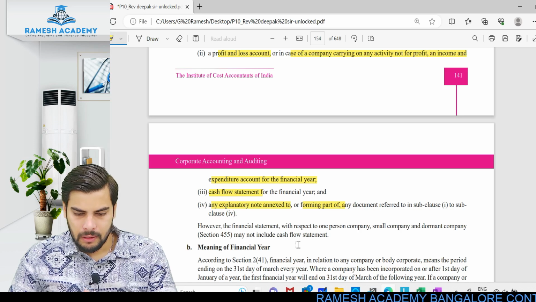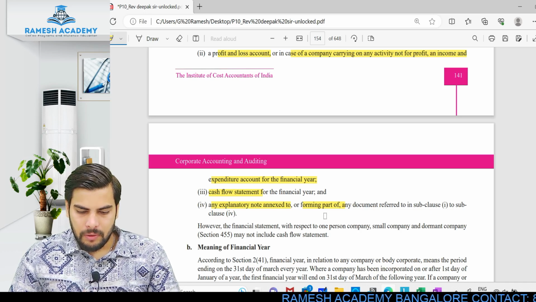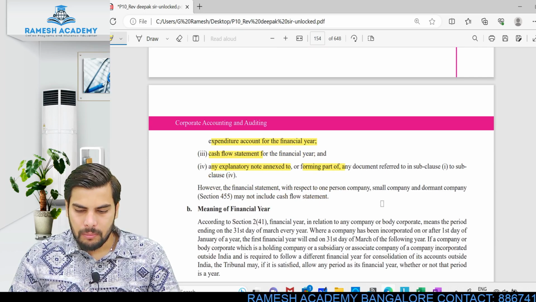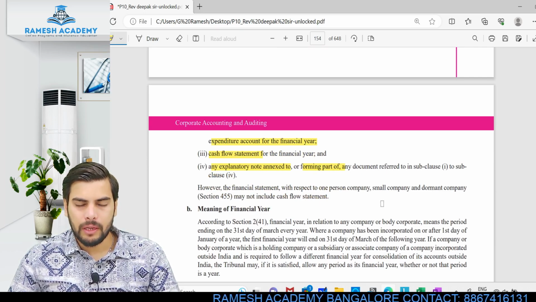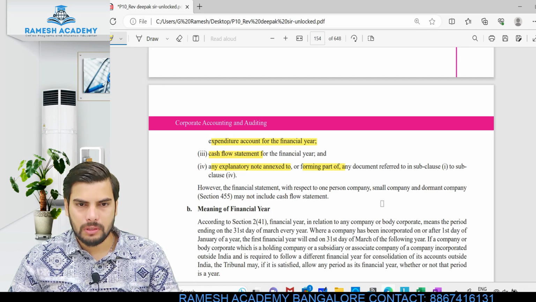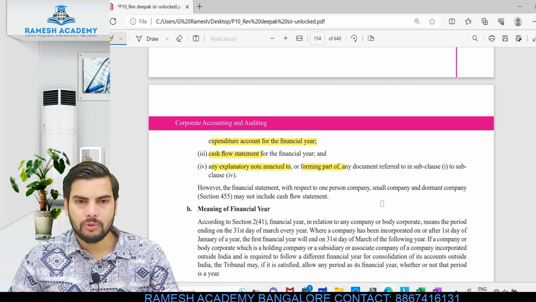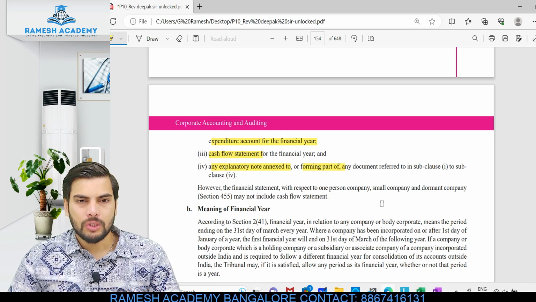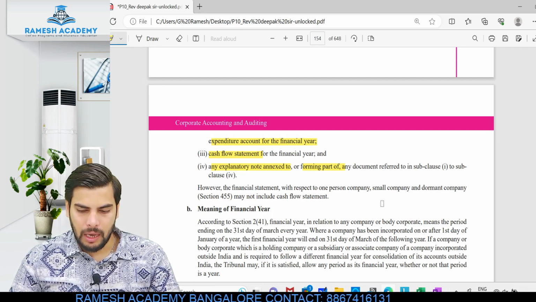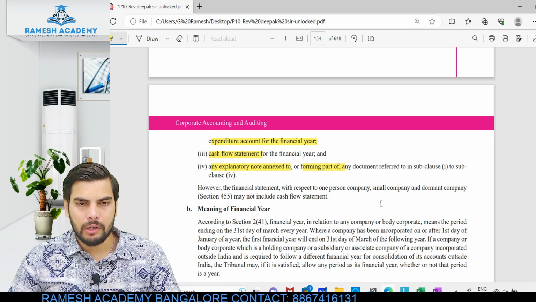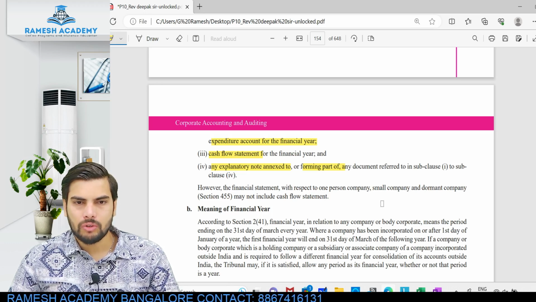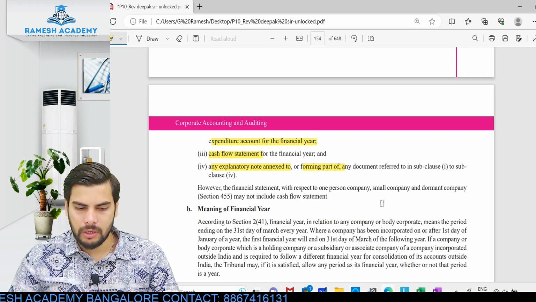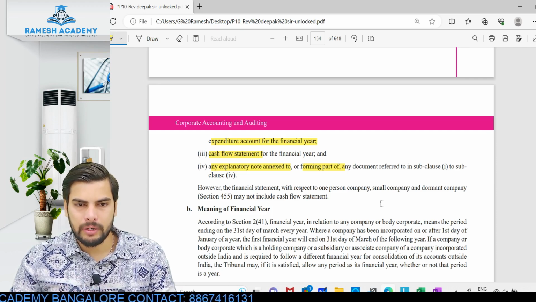Okay. So, however, the financial statement with respect to one person company, small company and dormant company will not be including cash flow statement. So, certain relaxation has been given when it comes to Companies Act 2013 that small company, dormant company, and one person company need not prepare the cash flow statement, not the financial statement, it is cash flow statement.